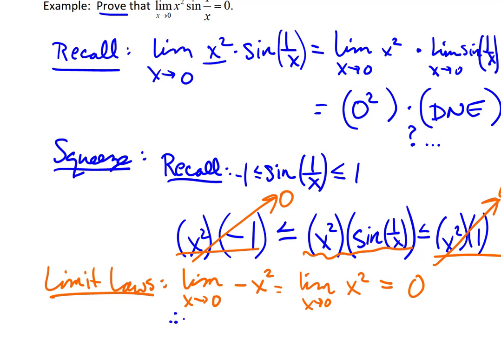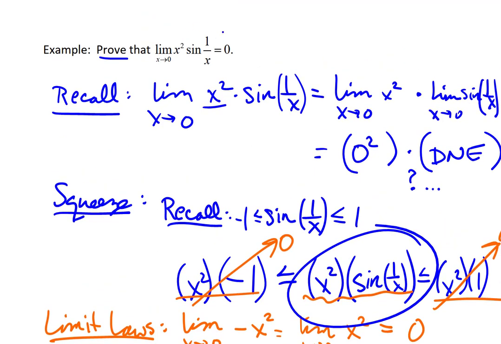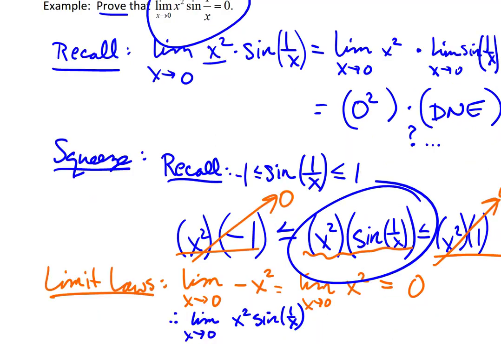So we could say, therefore, the limit as x approaches 0 of x squared times the sine of 1 over x, that is the middle function in our inequality, and it happens to be the problem we wanted to prove above, must also equal 0 by the squeeze theorem.